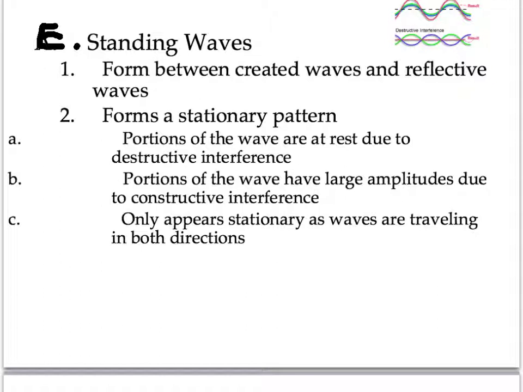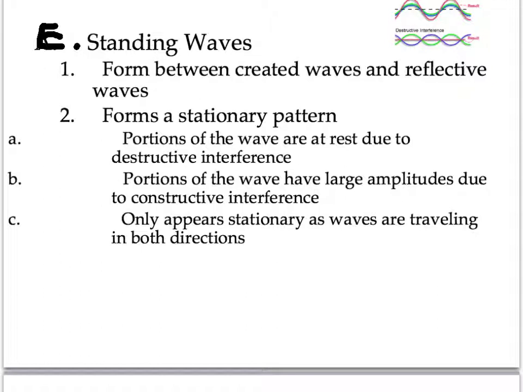There are also going to be portions of the wave during a standing wave phase where the waves are going to have very large amplitudes because when the waves meet, they both are wanting to go in the same direction. Okay? That's due to constructive interference.